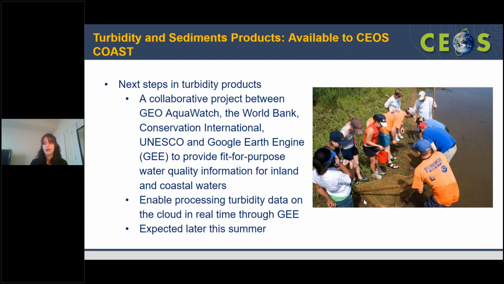The goal is to provide access to water quality information specifically for inland and coastal waters on demand, and will allow you to get your hands on the data that you need for the time period that you need without needing to have a lot of background knowledge in satellite acquisitions or satellite coding. This way, the tool will be accessible for the scientific community, industry, and the general public to explore and use.